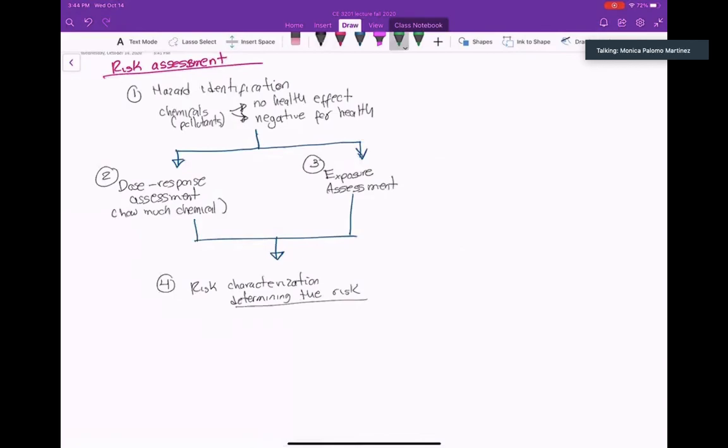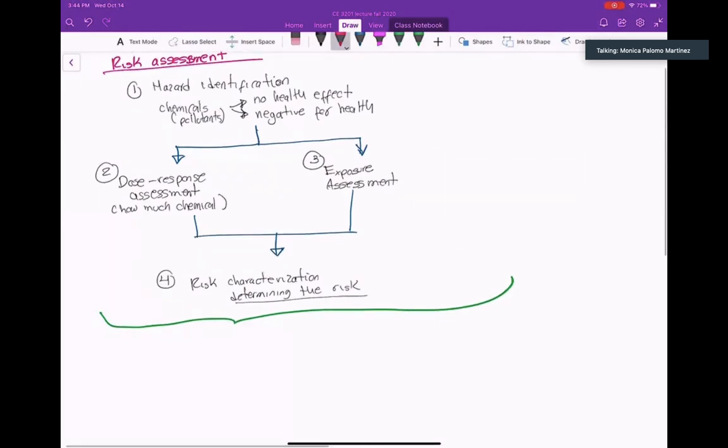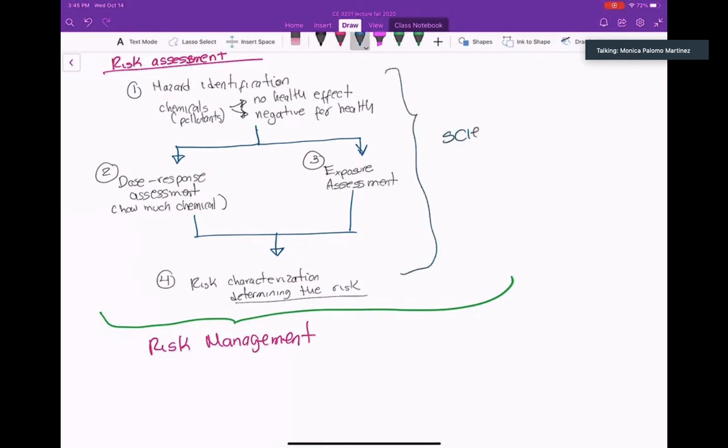And whatever information we capture from here is going to be given to managers and go to risk management. So in the class, we're going to be concentrating more into the scientific data or information or facts. This is what we're going to be spending the time in the class.